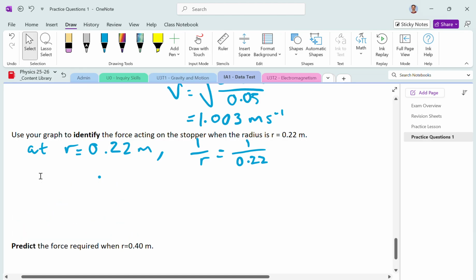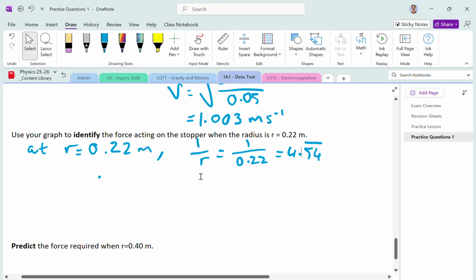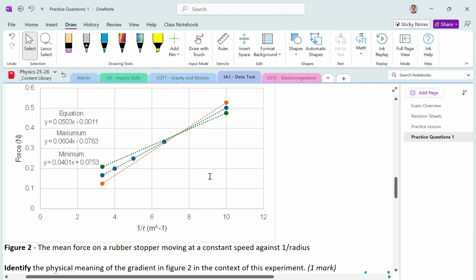And that should be around 4.54 recurring. So what we need to do now is to go up to our graph and draw on it and try and identify where this is going to happen.